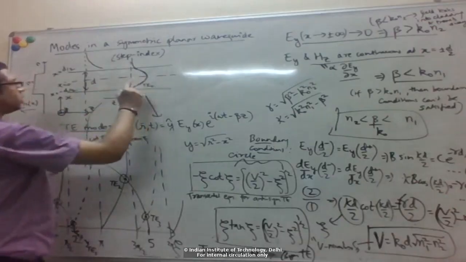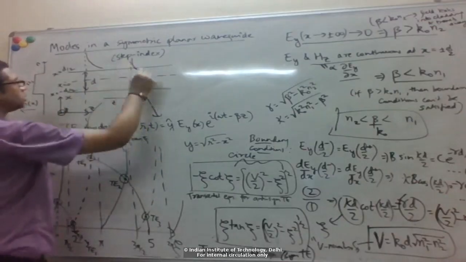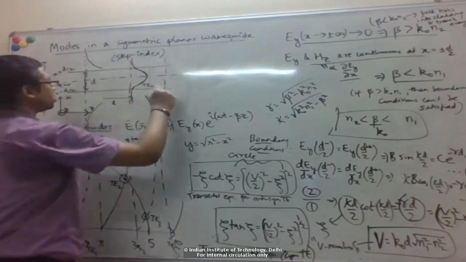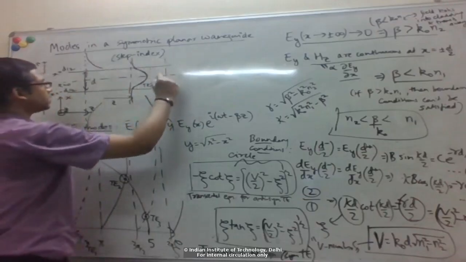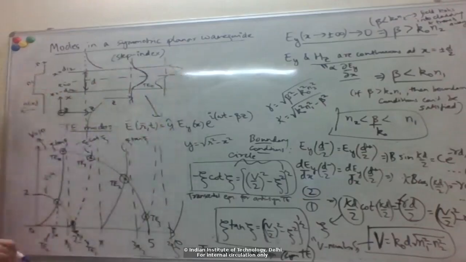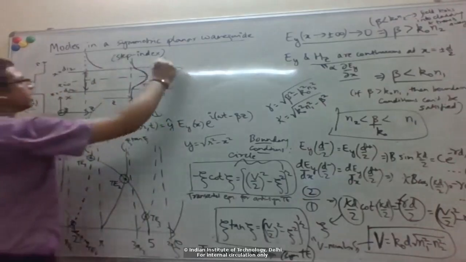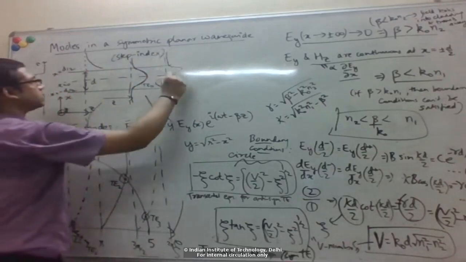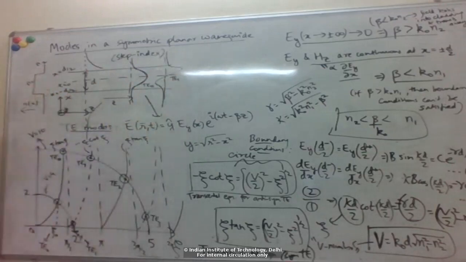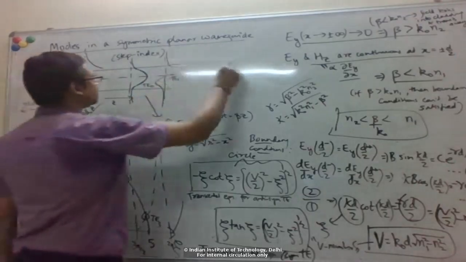And TE0 means there will be no zeros in the mode profile. Now you go to TE1, so now it looks like a sine function, so it looks like this, right? So odd symmetry, and again exponentially decaying in the cladding. This is TE1, right? And so on.